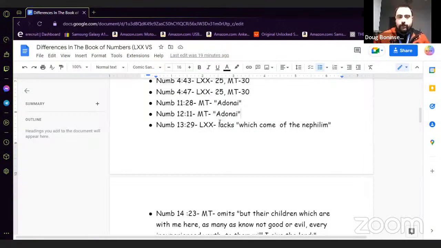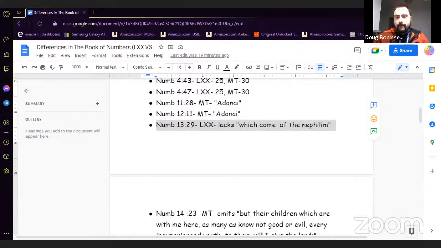Now, if we go to Numbers 13, verse 29, the Septuagint lacks the phrase "which come of the Nephilim." I don't think this is big doctrinally, because I would assume that the post-flood giants come from giants. It's not a big deal.